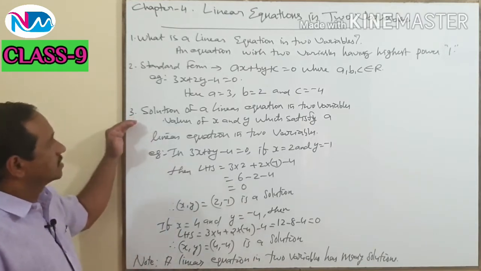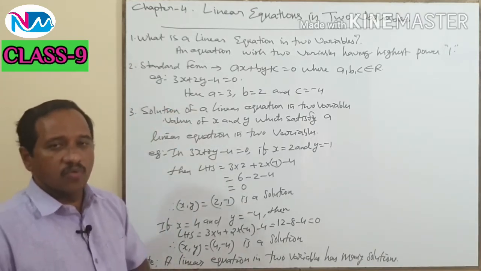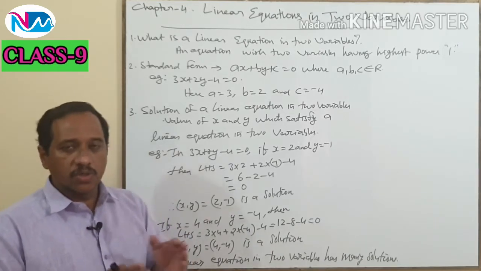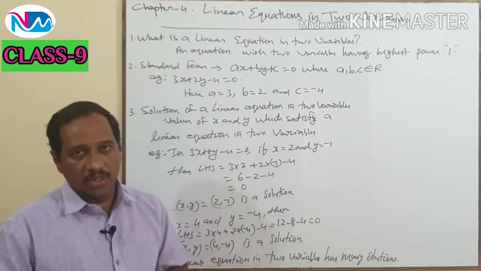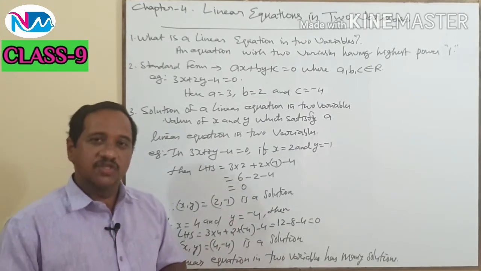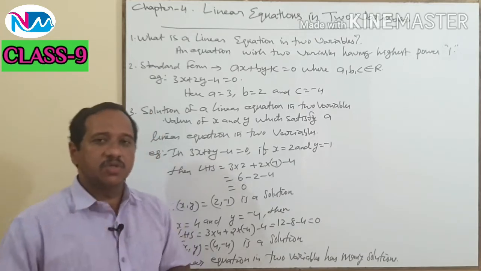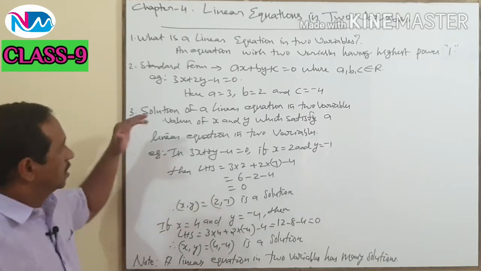The next point is solution of a linear equation in two variables. What do you understand by the solution of a linear equation in two variables? All of you know what is the solution of a linear equation in one variable. Similarly, a linear equation in two variables also has solution.